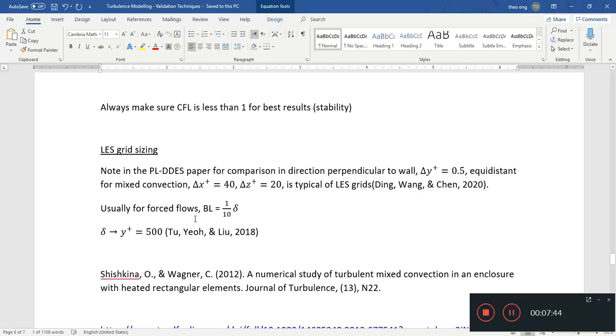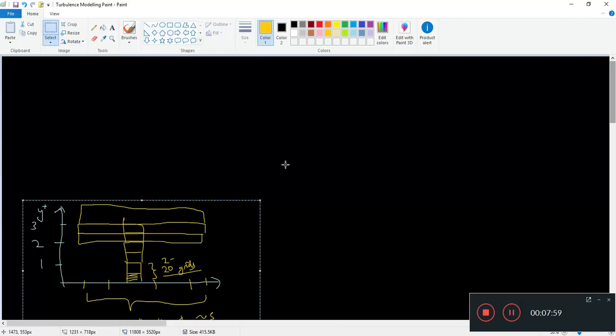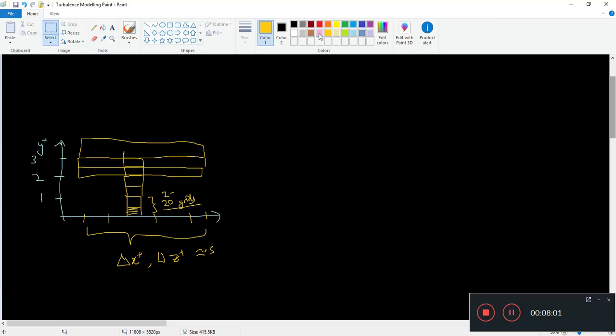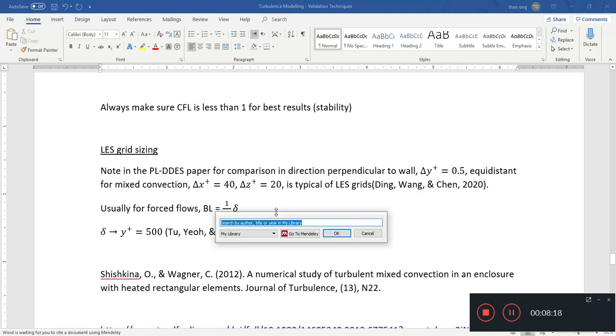Okay, and if you look at another reference, talking about the spacing parallel to the wall, we would have a typical spacing based on this paper. For forced flows, you usually have a boundary layer.